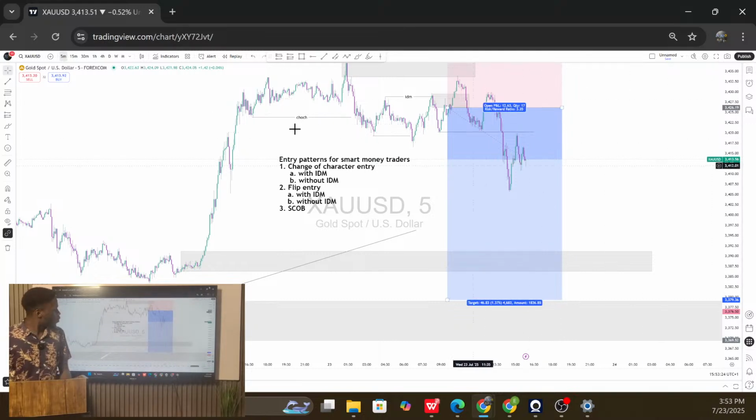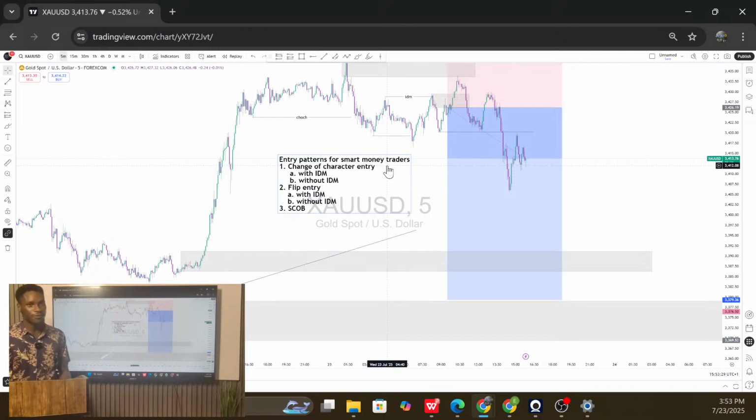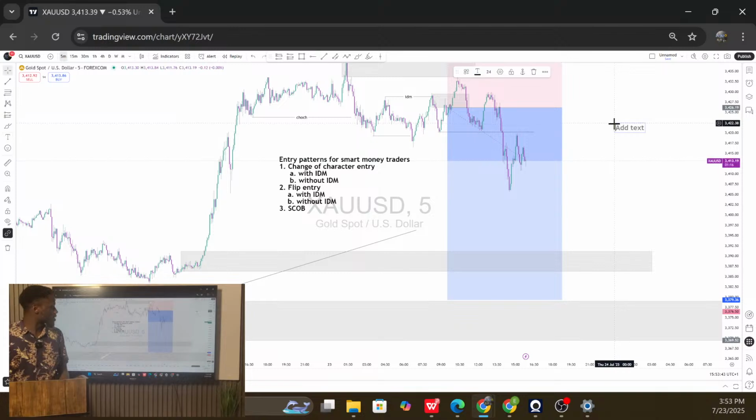So, what does it mean when I say change of character? Now you should want to know that as a trader, there are two major times you are looking at entering the markets. There are two major periods of price movements that you want to enter into the markets, or two major reasons why you want to enter a particular market.